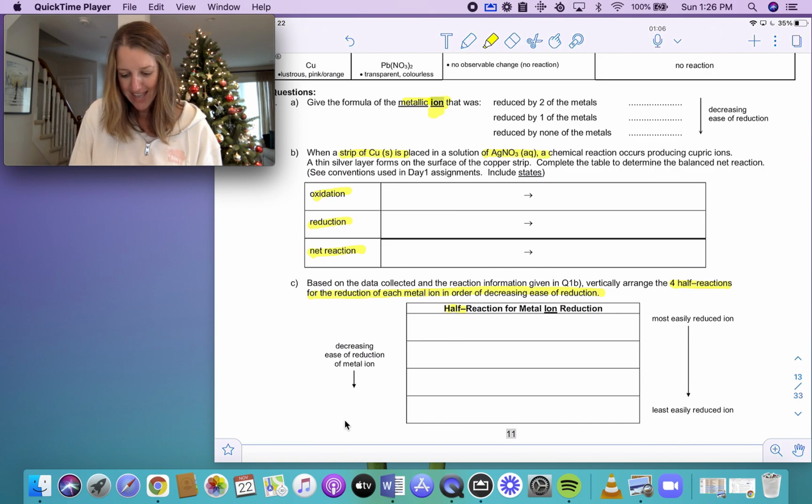So what's the half reaction for the metal ion reduction? Which one is the most easily reduced, to the second, to the third, to the fourth? Okay, that is basically what you're summarizing. You're seeing which one is the most easily reduced ion, comparing the 3 from the table, and then throw in silver when you're comparing silver to copper.